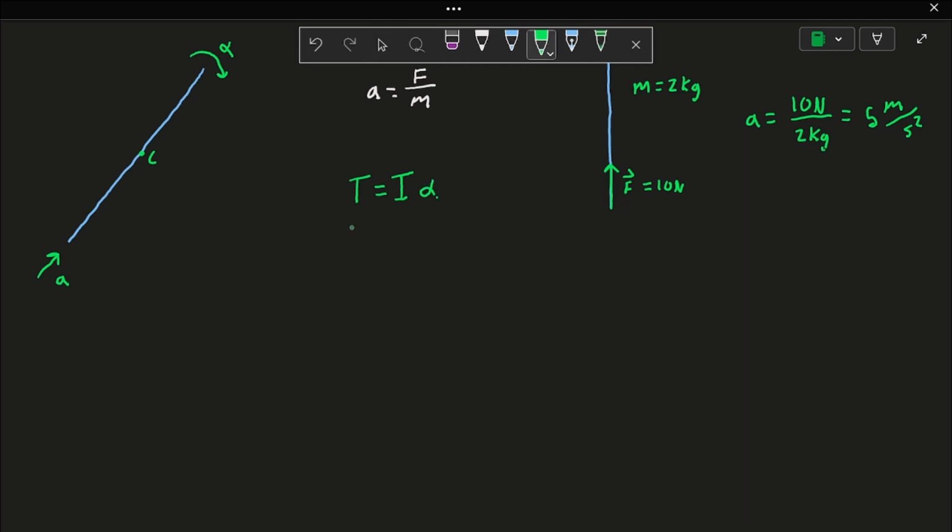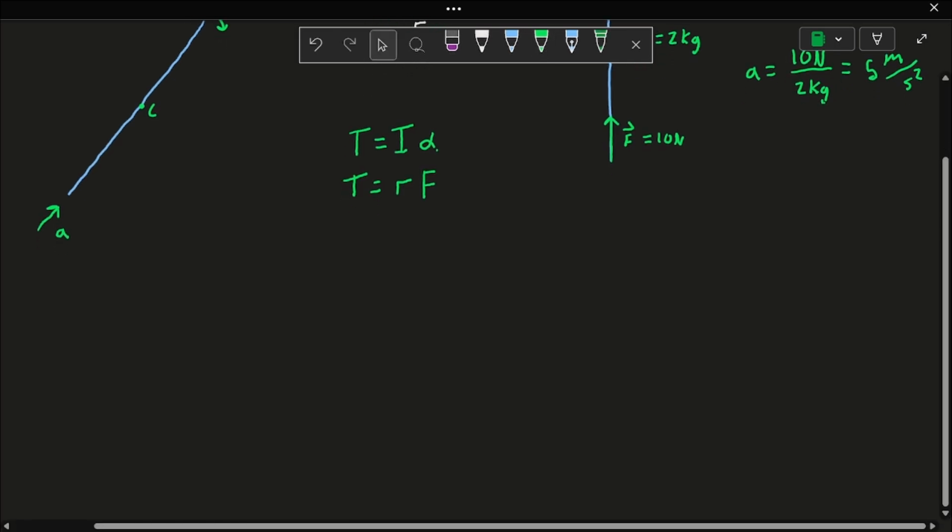Another way of defining torque is torque equals R, which is our force's distance from the center of mass, we'll visualize this later, multiplied by F, the magnitude of our force.